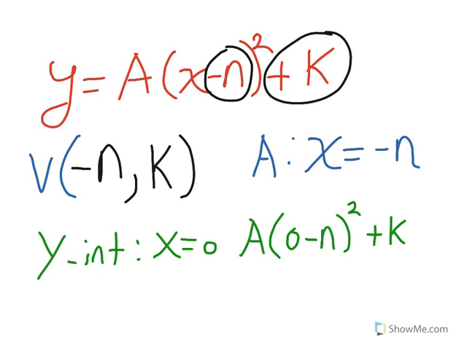it has to be inside the parentheses. This is the only way to shift it left or right, is by putting it inside the parentheses. So this is going to shift it, sorry, not left. That's going to shift it right. If I want to shift it left, it's got to be the opposite of what we're thinking.